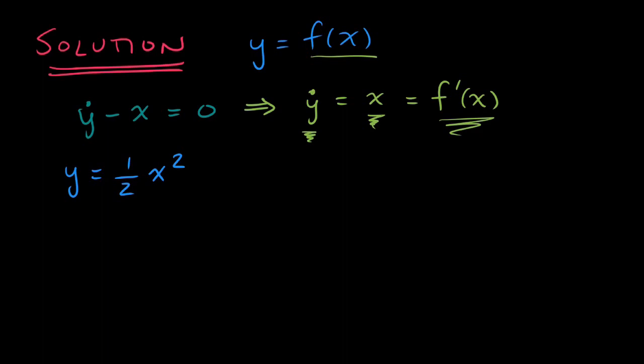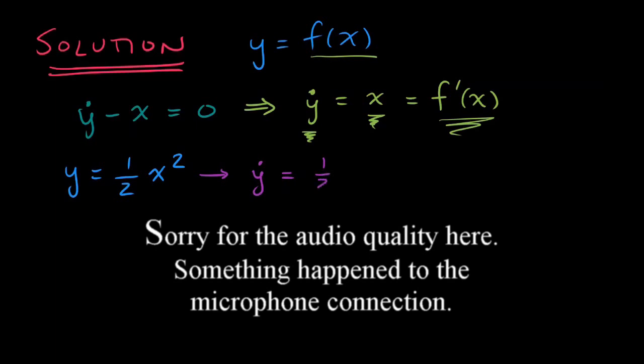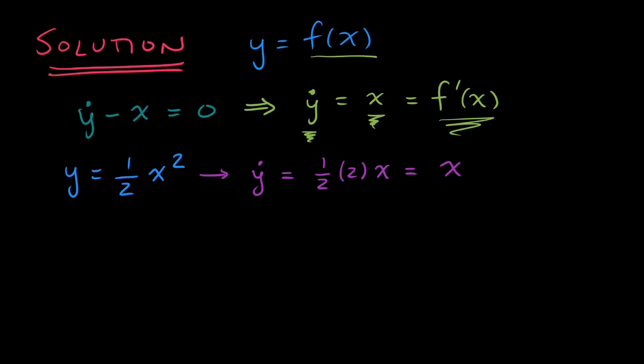So that derivative, y dot equals, I have my 1/2, and I'm going to bring down the 2, and I have x. So that just equals x. So I do have a function, y equals f of x, whose derivative, f prime of x, equals x. So I actually have a solution to the differential equation.